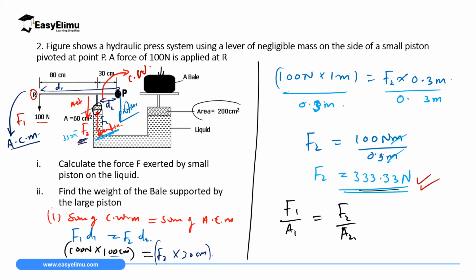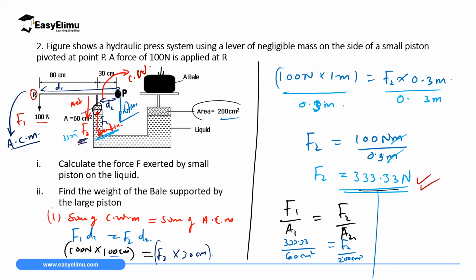So in this case, force 1 is 333.33 divided by area 1, which is 60 centimeter square, is equal to force 2, which we are looking for, over area 2. Area 2 is 200 centimeters square.